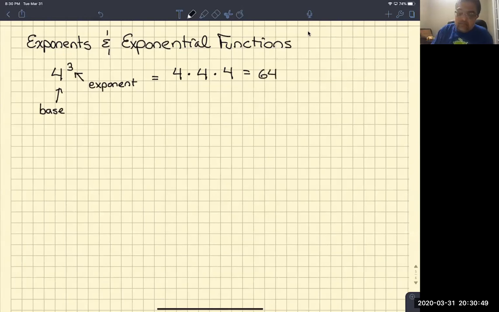Now, one key important point to remember is that the base of the exponent is the number or variable that is directly in front of the exponent. So, for example, the base of this exponent is 7.